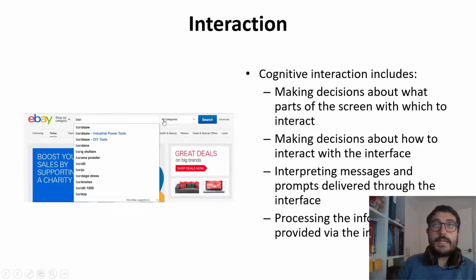So let's think about the cognitive interaction method. And it can be a lot of things. First of all, think about the I theory. Generally, we read from left to right. So it is normal, for example, that we put things on the left-hand side, or we put things at the top first and at the bottom last.